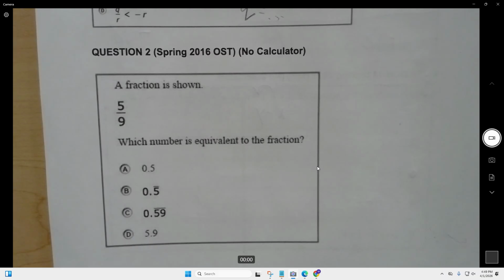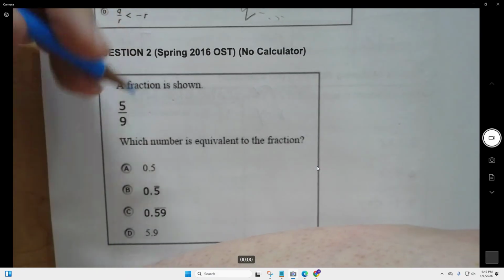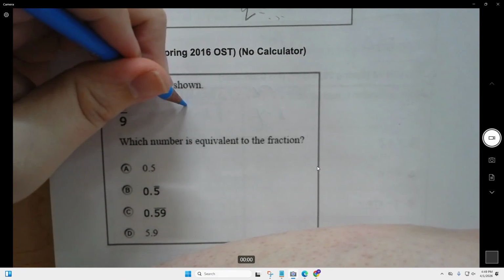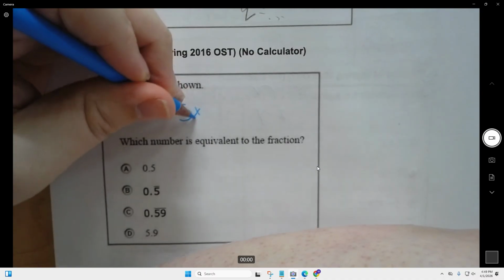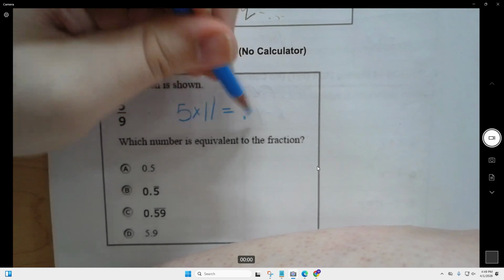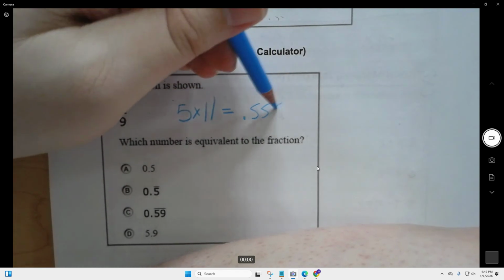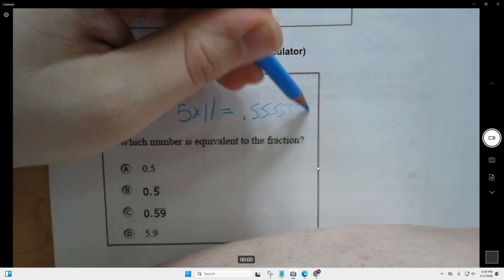So for example, 5 over 9 is the same as 5 times 11, and you just repeat it forever after a decimal. 5 times 11 is 55, and it would just repeat with 55, 55, 55.